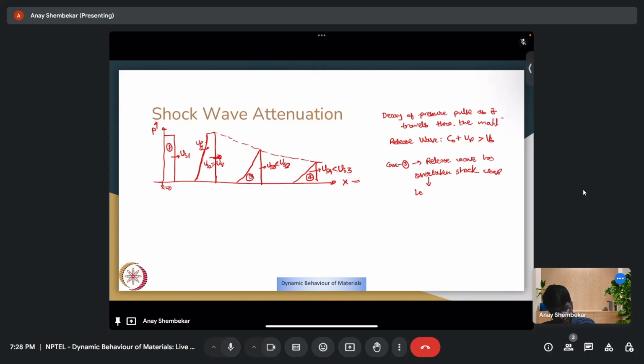This leads to a reduction in peak pressure. At this point, your pulse duration becomes zero.